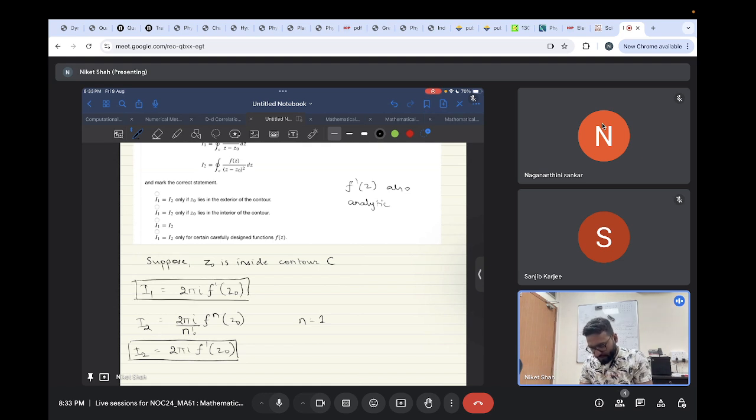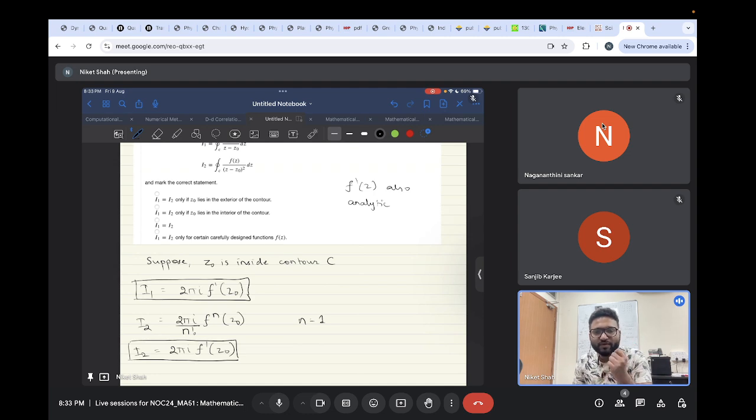You can clearly see that I1 and I2 are both equal. Both are 2 pi i times f prime of z0. So when z0 is inside the region covered by contour C, I1 is equal to I2.